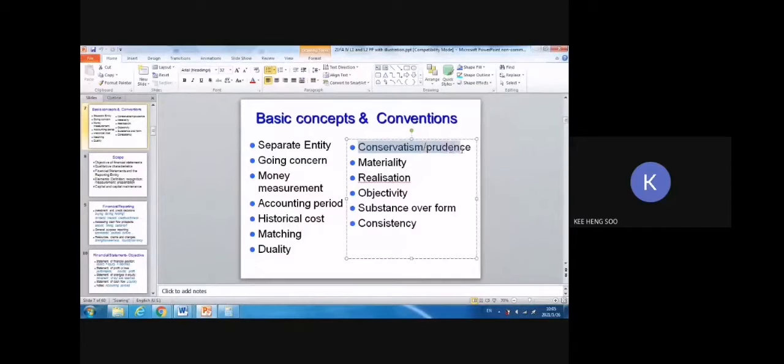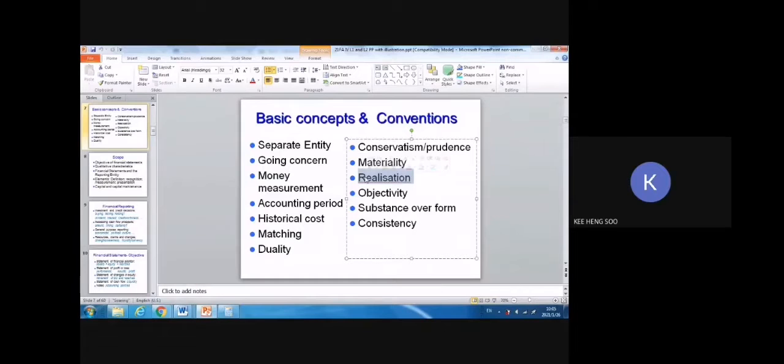Prudence concept tells you that the marks cost you 40 cents, but the selling price is 75 cents. Prudence concept says take the lower figure. Materiality concept tells you that 1,000 marks is very significant, you must record it.